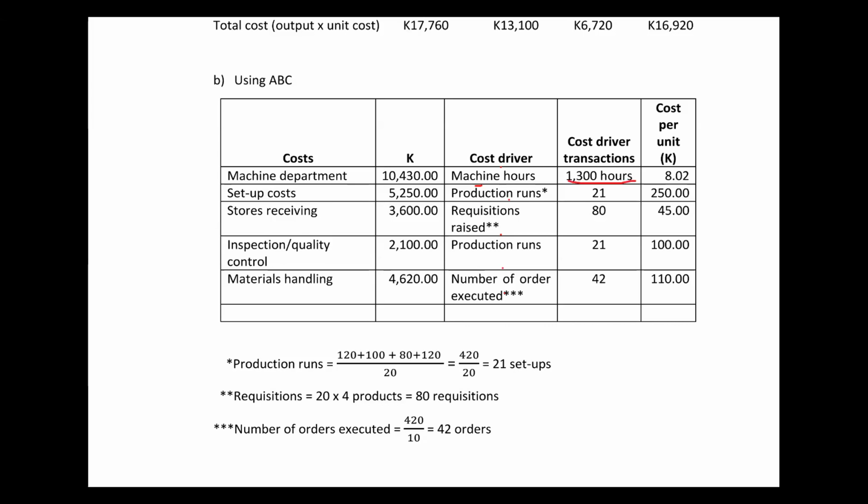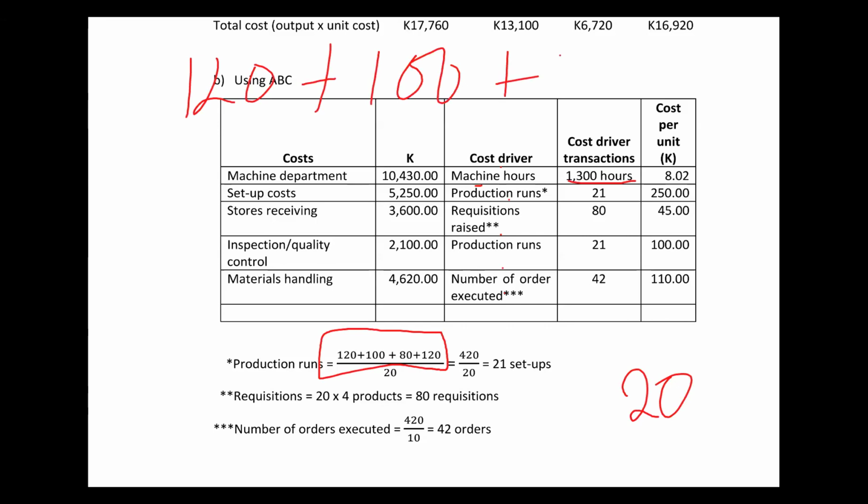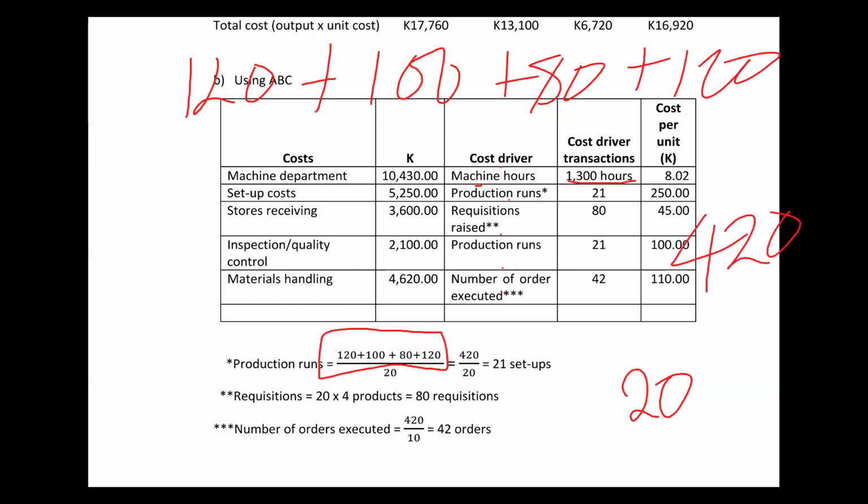But what about production runs? How many are they per each product? We are told that the production runs were being produced in batches of 20 units. So you add all the units for all the products: for product A is 120, plus product B, plus product C and plus product D, you get 420 units, total units that were produced.